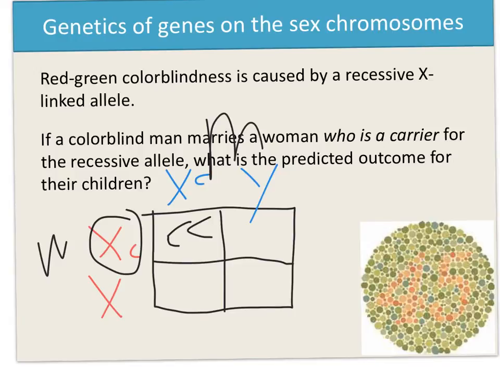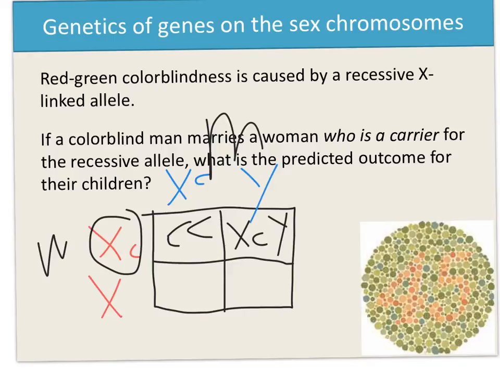Now this rarely happens, but it could, like in a royal family or something like that. Now, if we go across, we still got a colorblind X from the mother, and we've got a Y. So we'll have a man who is colorblind as well.